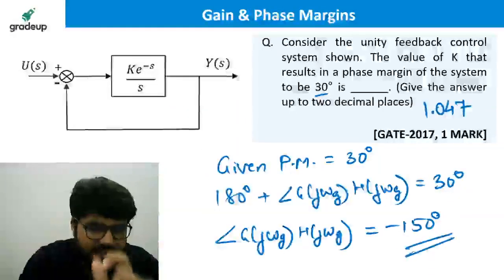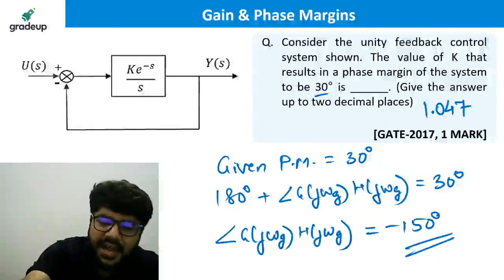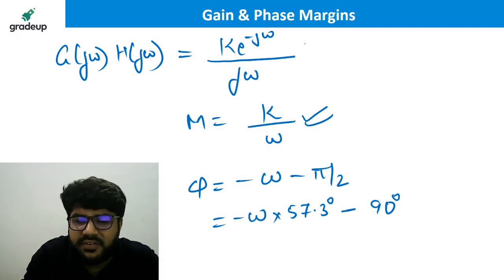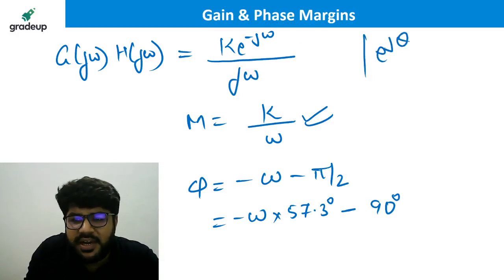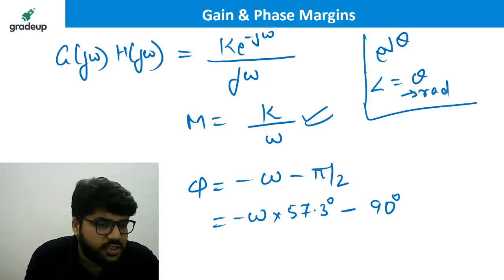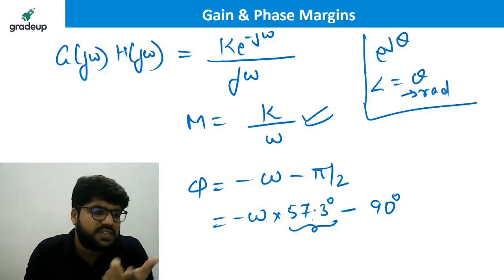Phase margin was 30 degree in degree. First, I calculated angle as minus 150. But here the angle expression has e raised to the power j theta term. Whenever you write e power j theta, the angle is known as theta. But by default, the standard unit of angle is radian. That is why I told you, if you are solving in degree, convert it using 57.3.